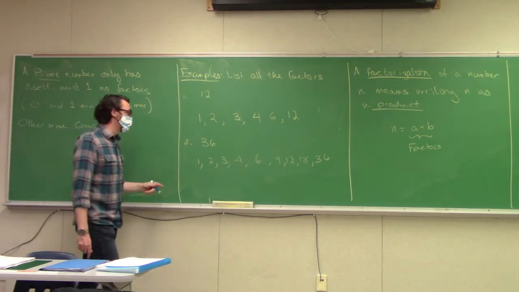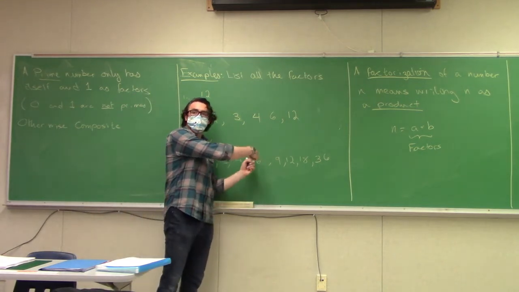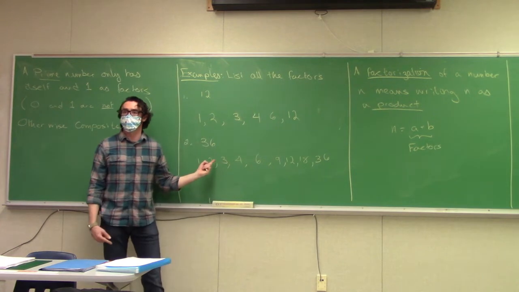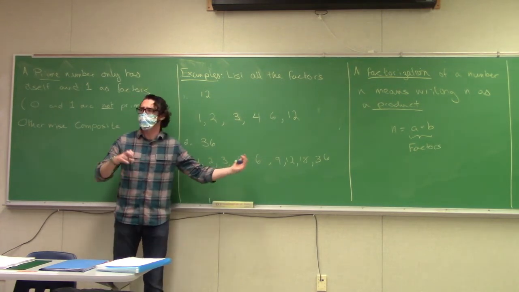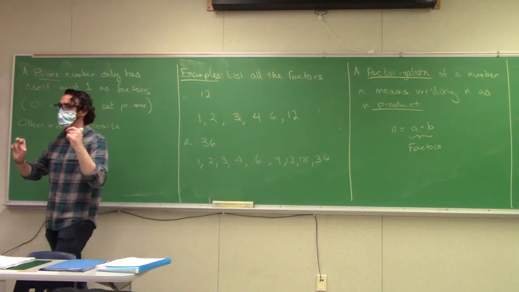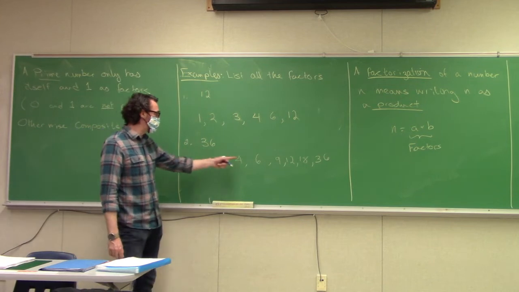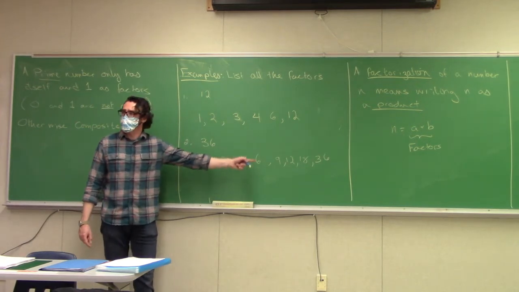Because if you're saying, how do you know we don't have anything bigger? Well, we would have found the partner of the bigger things over here. So you only have to go about halfway when you're making this list of factors. In fact, we'll see later that it's the square root of this number.